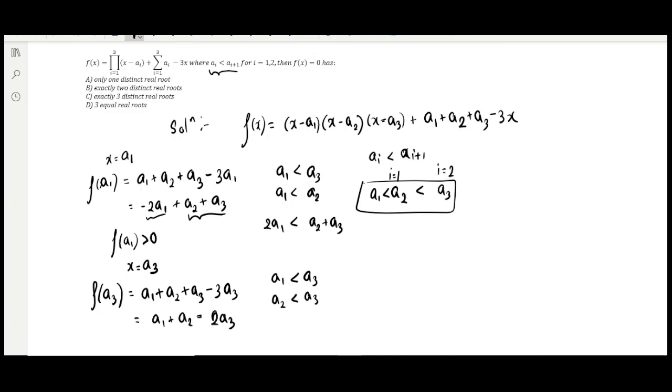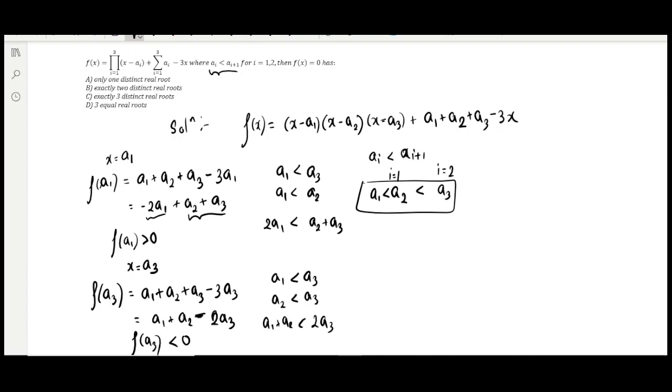If we add them, 2a3 is greater than a1 plus a2. So we can conclude that f(a3) is negative, as this term is smaller and this term is greater in magnitude, and there is a minus sign between them.